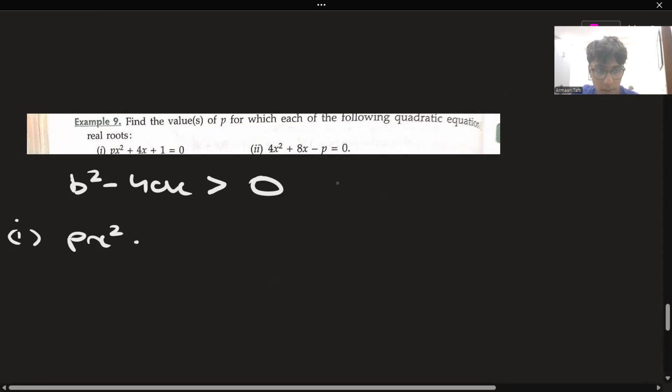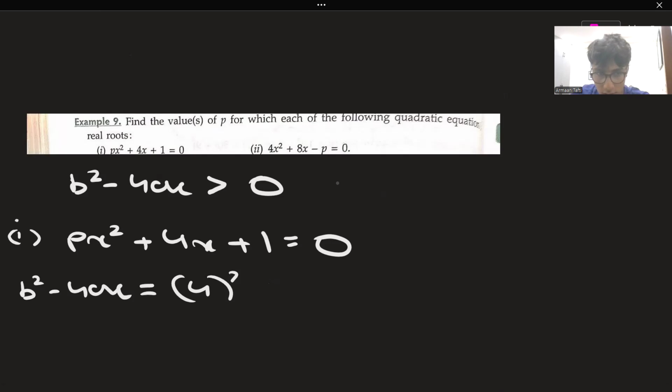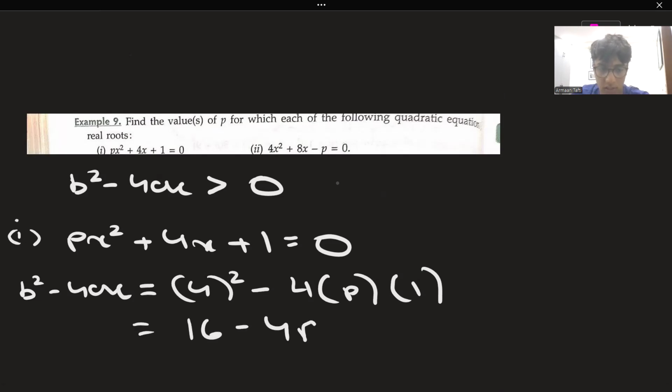px square plus 4x plus 1 is equal to 0. So b square minus 4ac is equal to b square, which is 4 square, minus 4 times p times 1, right? And this is equal to 16 minus 4p, right?